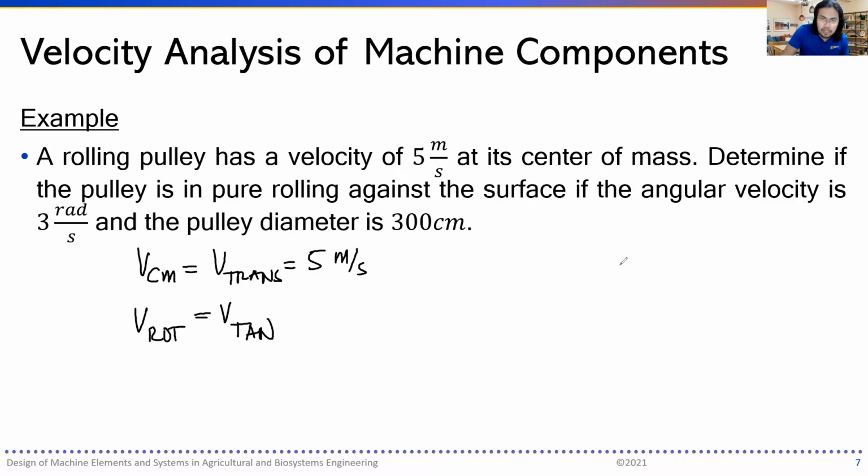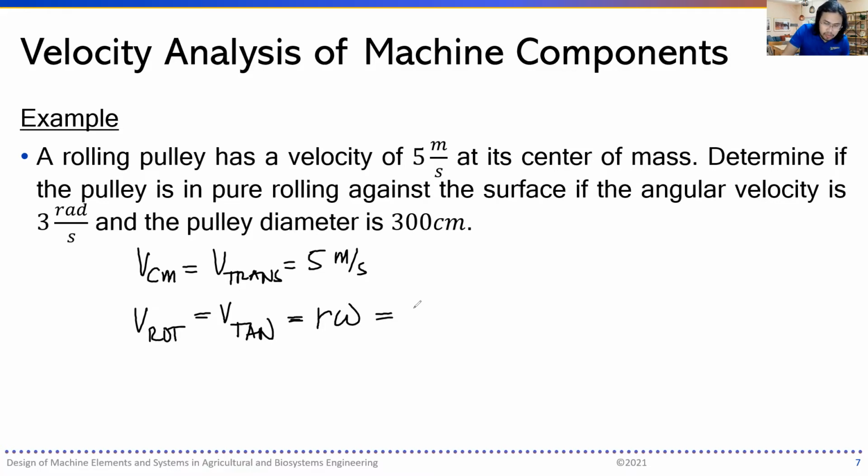Given you have a pulley, you have normal and tangential components of your velocity when you are trying to solve with your angular velocity. It's going to be the radius times the angular velocity.